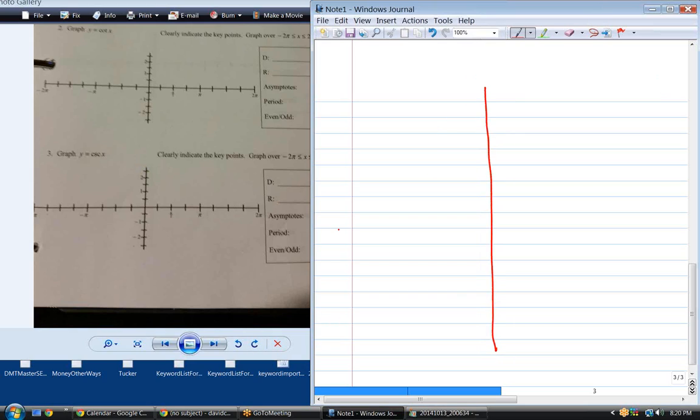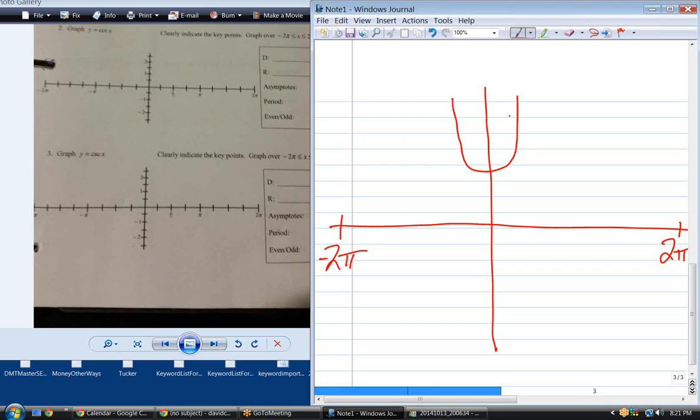Cosecant. Where do my asymptotes go? They go every pi over 2. Remember what I said about cosecant? The secant straddles the y-axis, but the cosecant sits next to it.